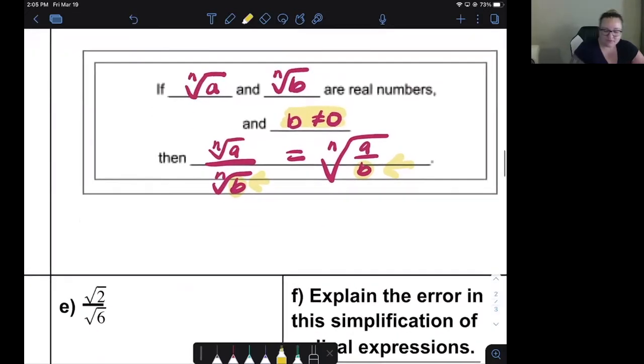All right, so if you take the nth root of something and you divide it by that same root of something, you can rewrite them under one radical. And this also works the other way, vice versa. So if you start with an nth root that looks like this, you can separate them into 2 radicals.